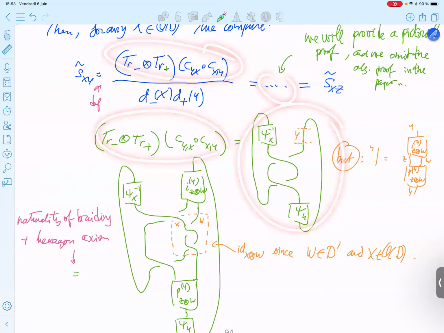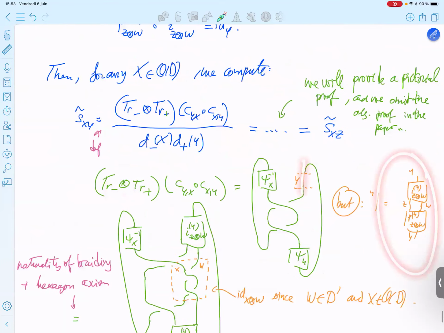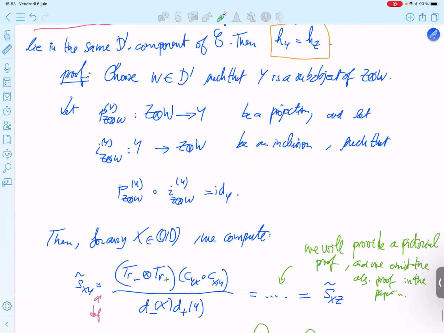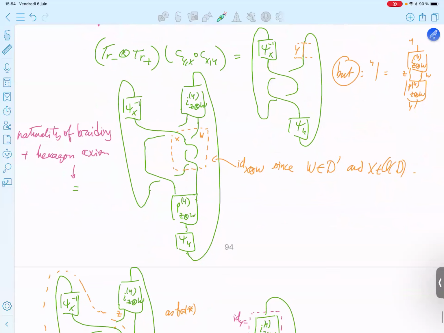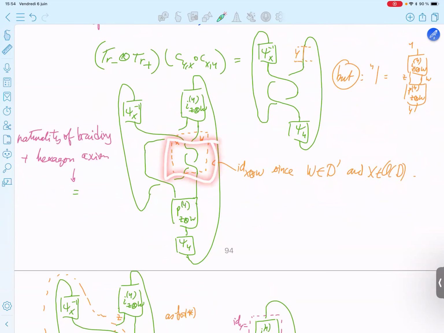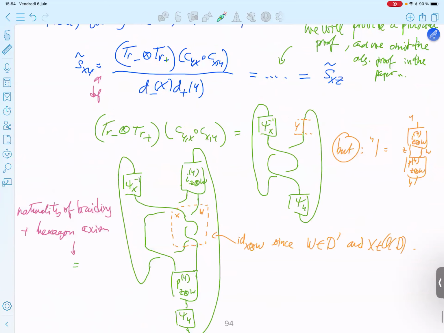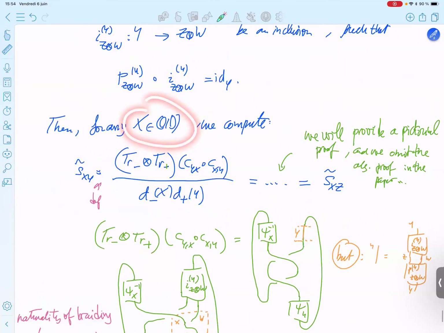You replace the identity by that using this projection and inclusion. You put this here, and then you move this part here by naturality, and you keep it there. Then you use the hexagon axiom to develop this part, because now you have a double string here. You get that, and now you see exactly what happened. You get a double braiding between X and W. But by assumption, X is in D and W is in the centralizer of D.